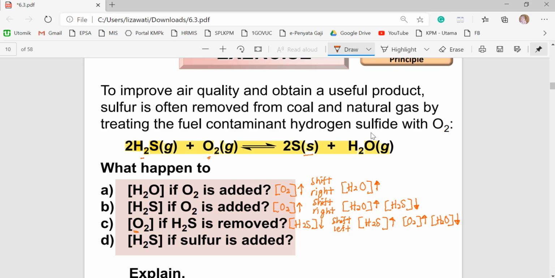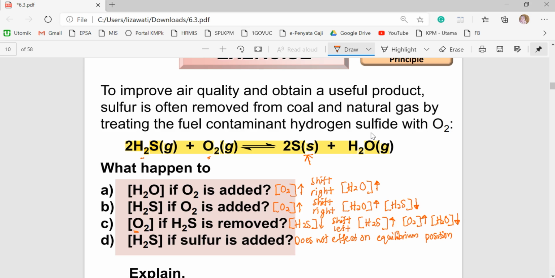Next, H2S if sulfur is added. Meaning that more sulfur is added, what would happen to the concentration of H2S? Since we know that sulfur is solid, it does not affect the equilibrium position.